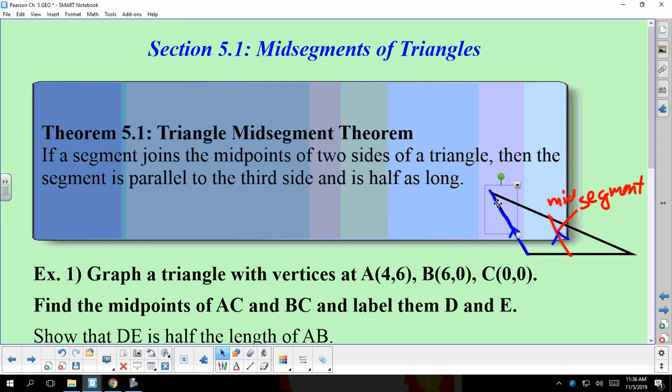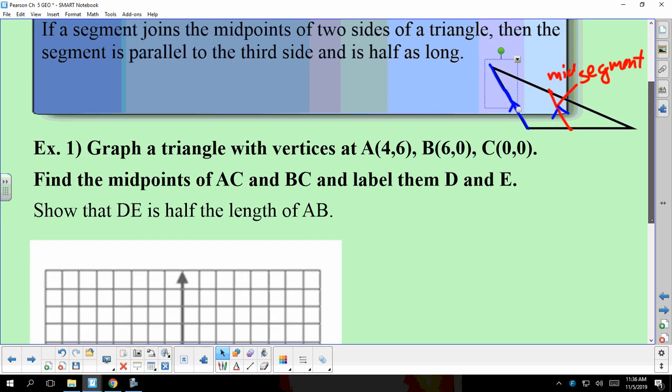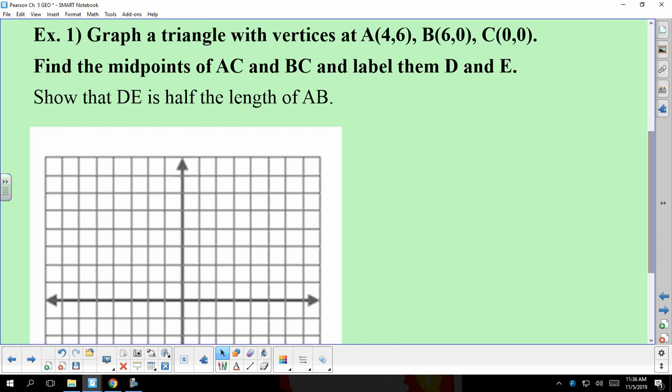All right, so graph the vertices of triangle ABC in the coordinate plane below. So we have 4, 6. There's point A. Point B is at 6, 0.